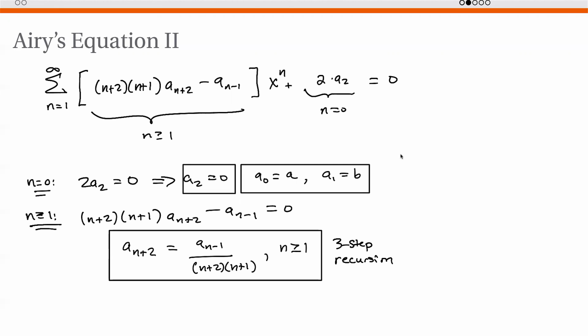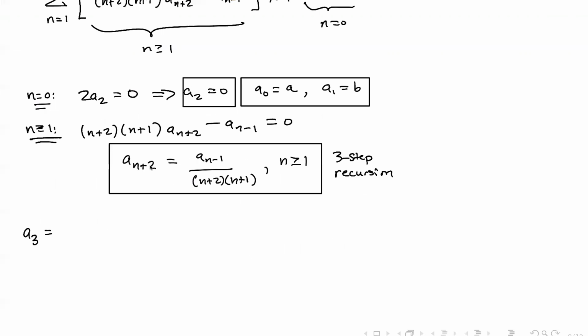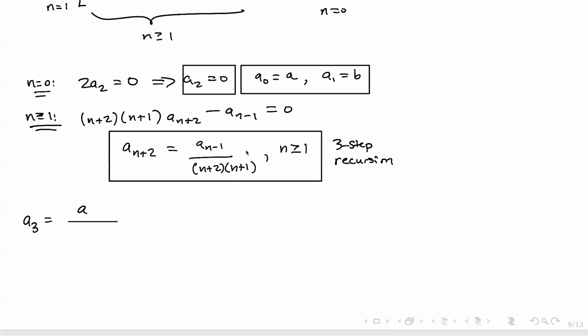How would I calculate A3? Well, A3 would be this formula when n is 1. You can see that A3, when n is 1, you get A0, which is A. So you get A over n plus 2, n plus 1 here. Sorry, n is 1, so it'd be A over 3 times 2.